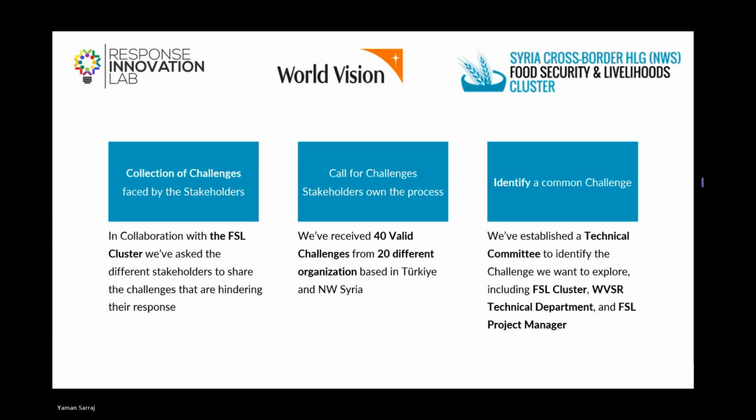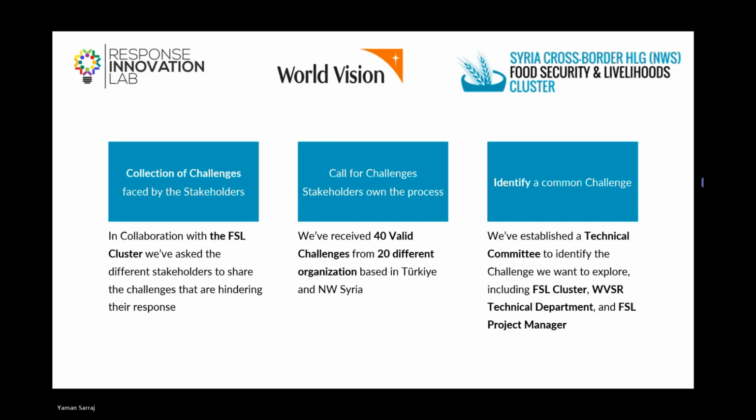This email has been circulated among all food security cluster partners. So far, we received a good amount of response from different partners, donors, and international and local NGOs. We received more than 40 valid responses and challenges from 20 different organizations working in Turkey and Northwest Syria.